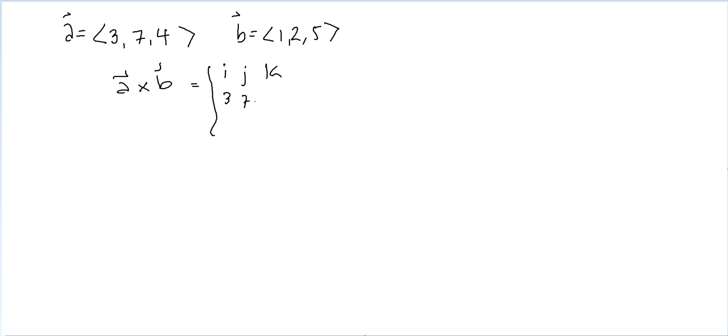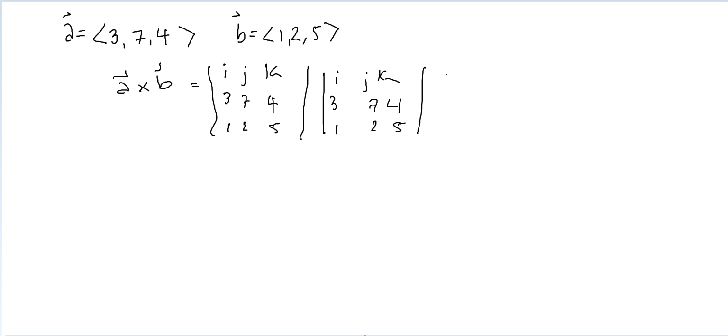So we have I, J, K, 3, 7, 4, 1, 2, 5. Let's do this relatively quickly.